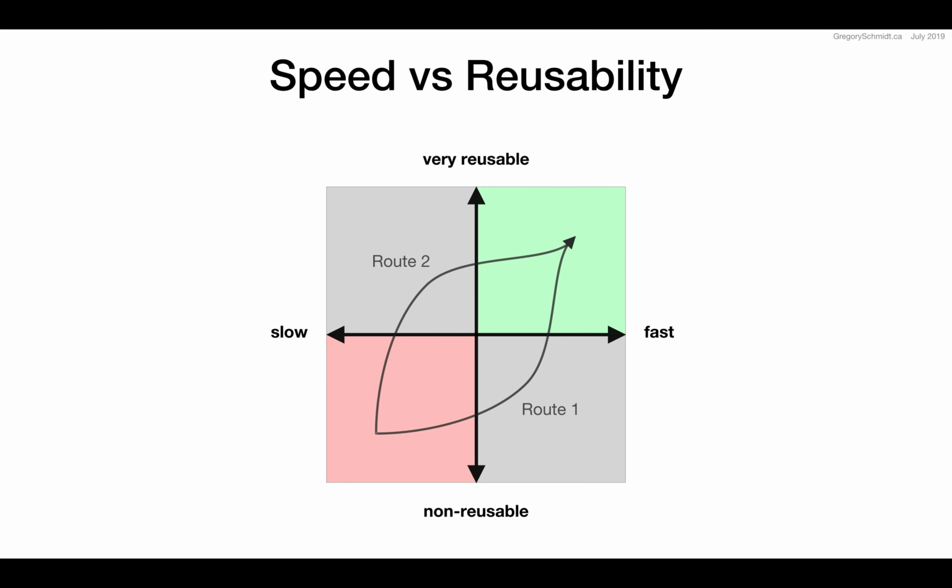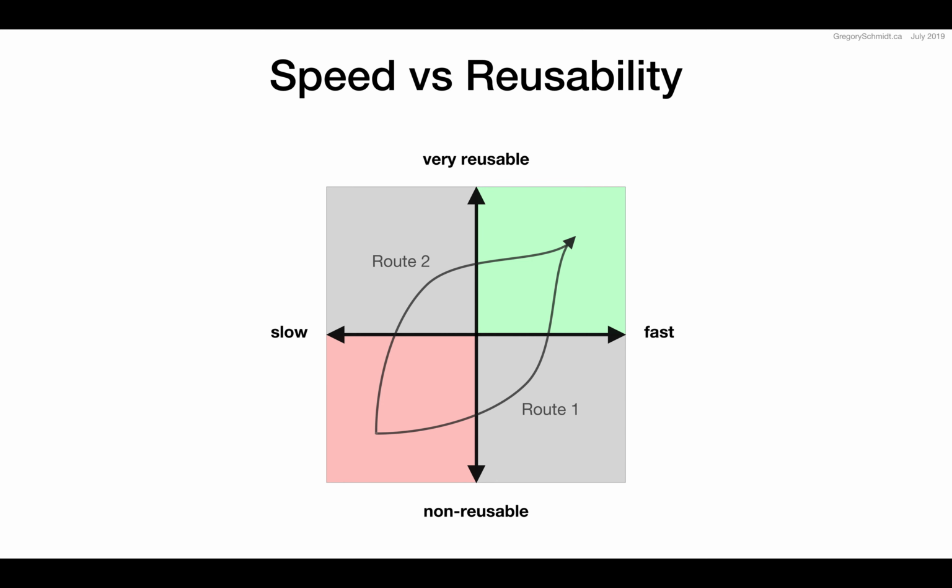Those resources could then be allocated to achieving higher reusability of the code base at a later point. And that's more of a Route 1 hypothesis. Exactly how to balance these questions remains, in this case, to be seen and unclear.